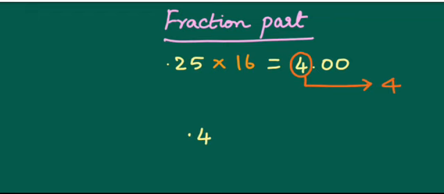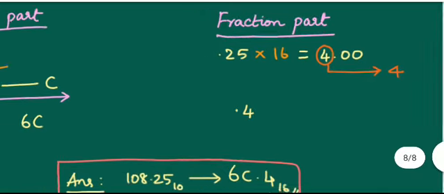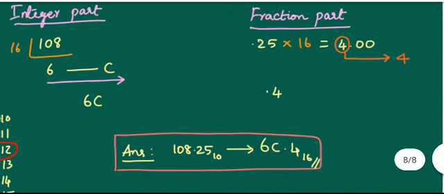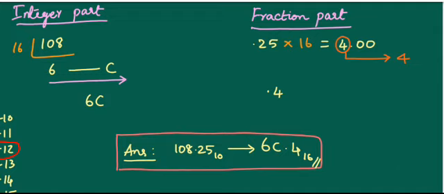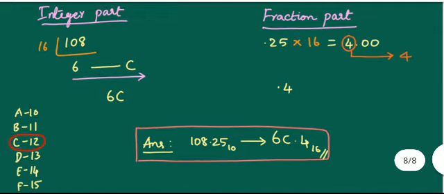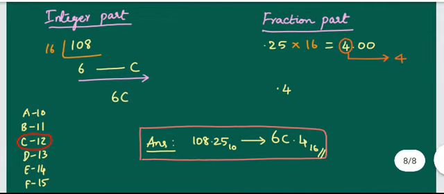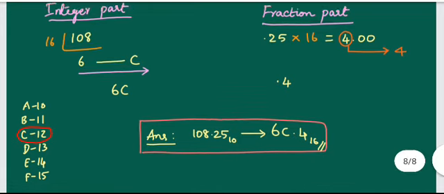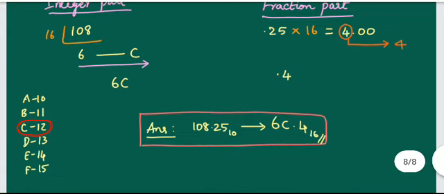So 0.4 is the fraction value and 6C is the integer value. Now combine both: 6C.4 is the hexadecimal equivalent of the given decimal number 108.25. So the three types are over. I hope you understand this. We'll see conversion from the three number systems to decimal in the next video. Thank you.